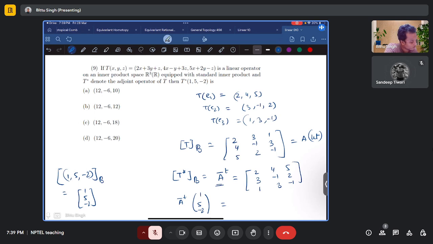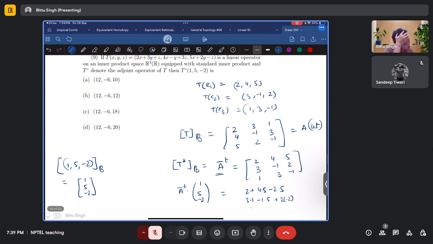So multiplying with (1, 5, minus 2) gives 2 plus 4 into 5 minus 2 into 5, then 3 into 1 minus 1 into 5 plus 2 into minus 2, then 1 into 1 plus 5 into 3 minus 2 into minus 1.